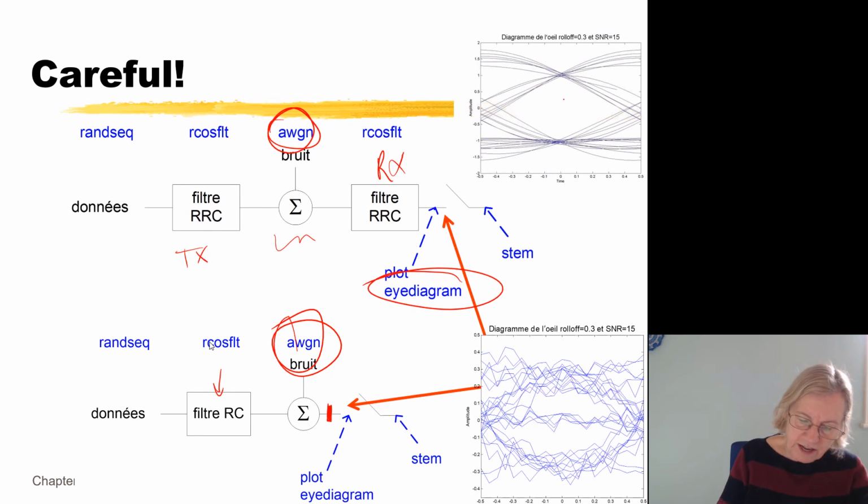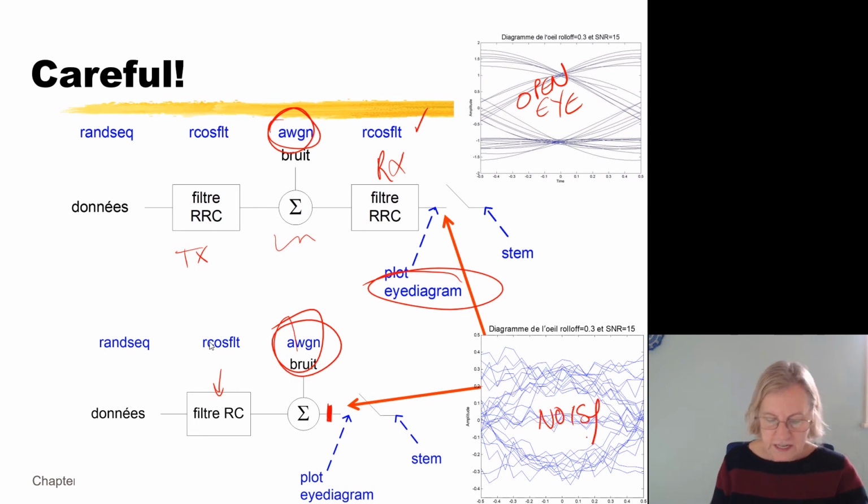And in particular, if you do it this way, you would get this nice open eye. And if you did it the other way, it would be very noisy. And that's because of the noise not being filtered. So I mentioned this. It's not important for the homework assignment because we're going to give that to you. But I mentioned it for your own future simulations where this might be, let me say, a common error.